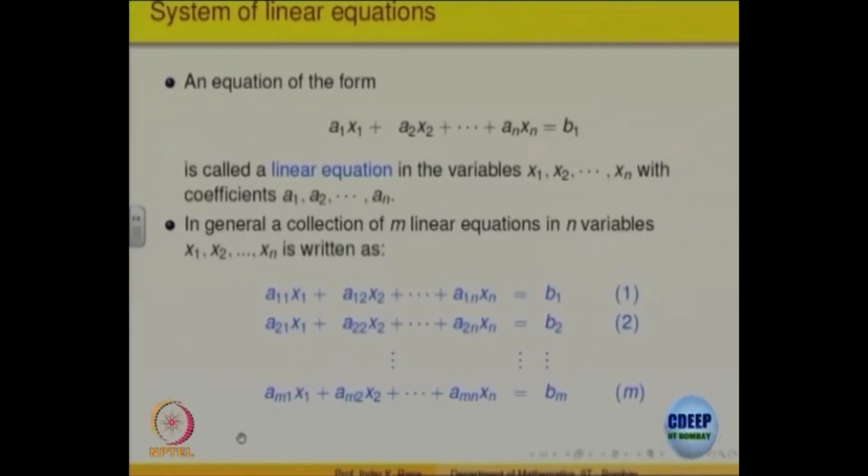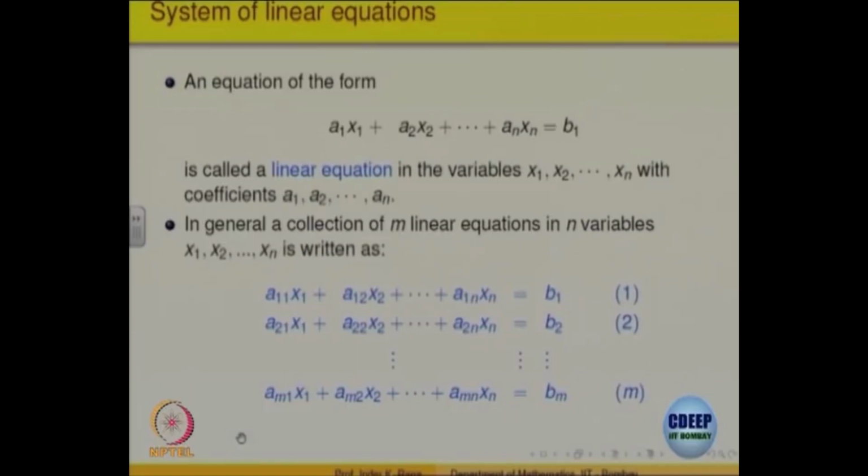So, a system of m equations in n variables, we can write them as follows, to have a systematic way of writing. For the first equation, the coefficient a11 of x1, a12 of x2. So, the first index indicates the equation, the second indicates the variable.